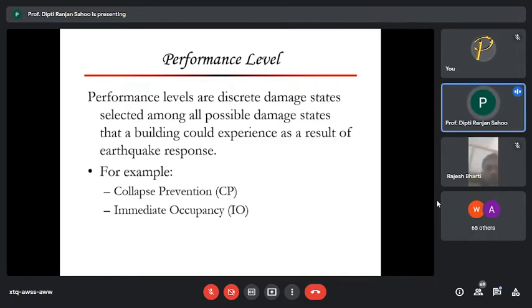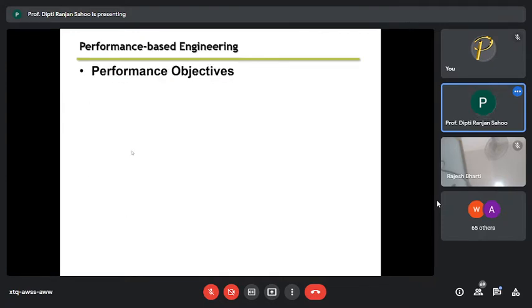That means the building has been damaged, but it has not collapsed, it is nearing collapse, just next to collapse. Or life safety. That means the structure has been damaged to such an extent that, although it has not collapsed, there is severe damage, but still with repair and retrofitting, the building can be used.